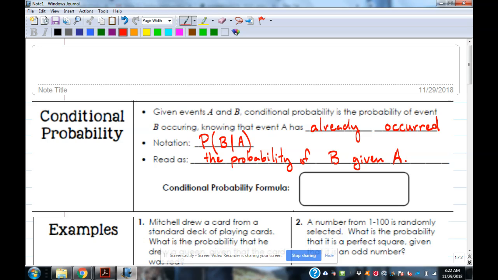What that means is A's already happened. We want to find the probability of B happening out of that.